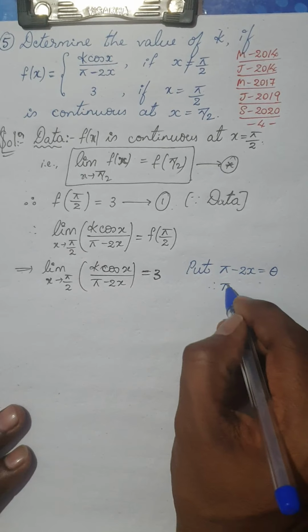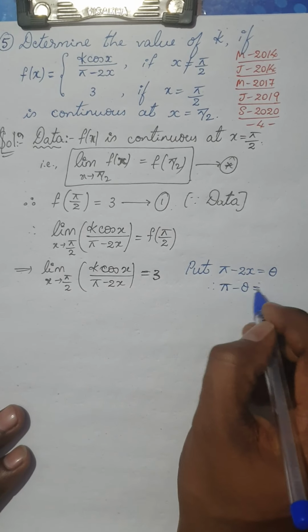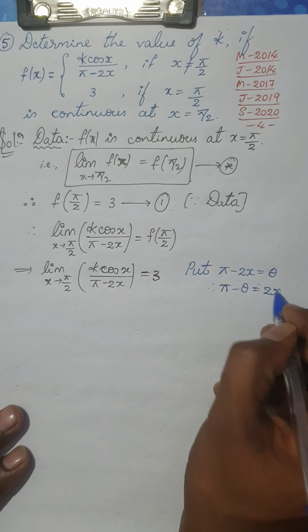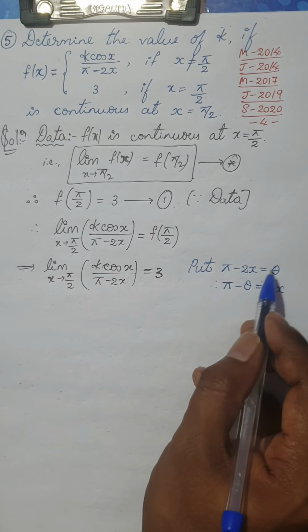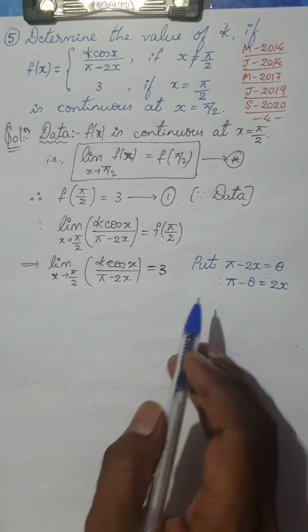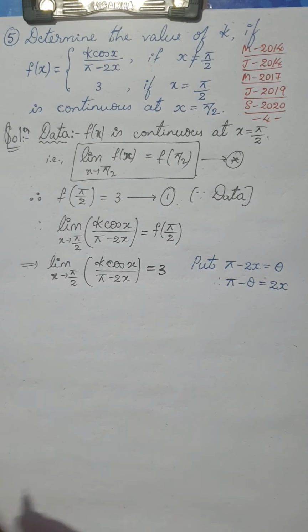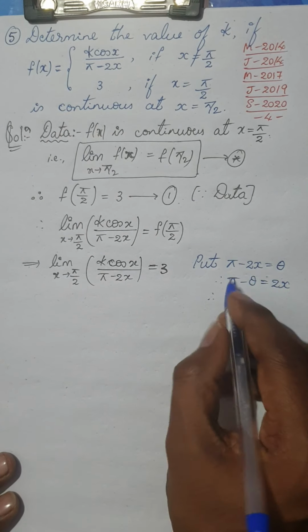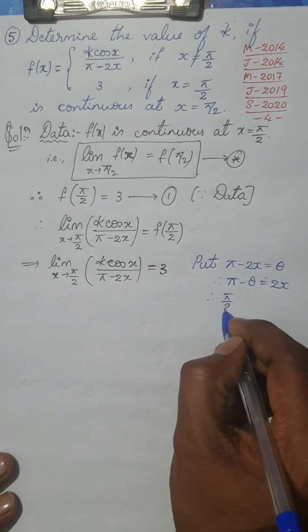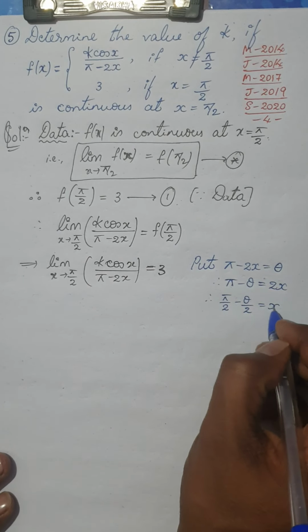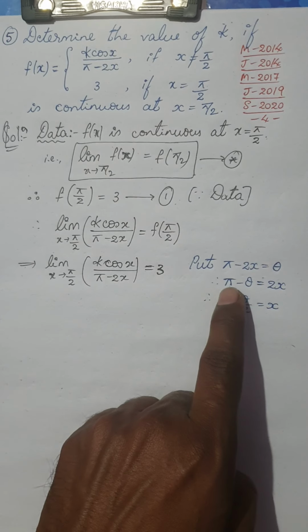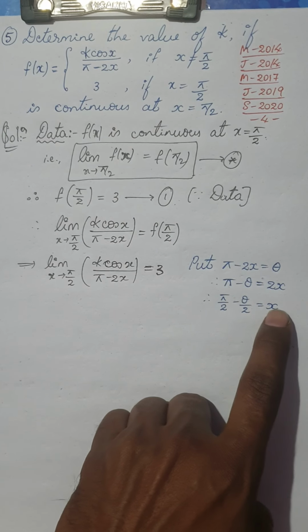Therefore, pi minus theta will be 2x, isn't it? If I take pi minus 2x as theta, then if you bring pi to theta to left hand side and 2x to right hand side, I will get pi minus theta is equal to 2x. Therefore, pi by 2 minus theta by 2 is equal to x, isn't it? Or that is, I'm taking pi minus theta by 2 will be equal to x.